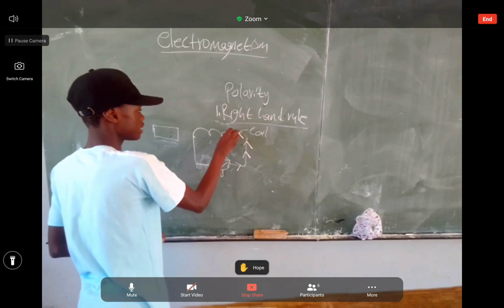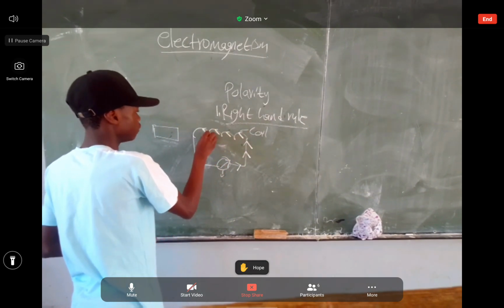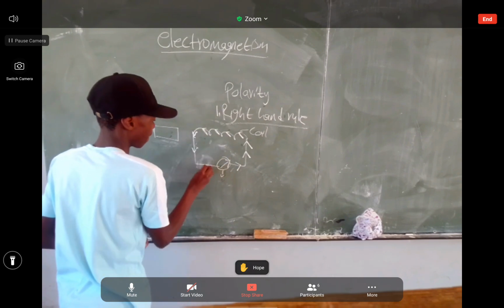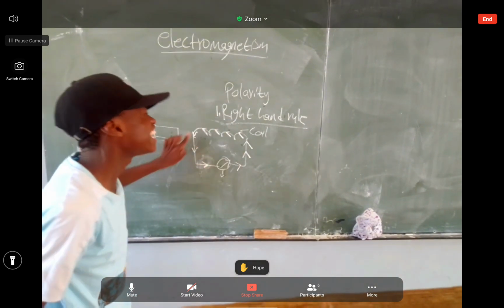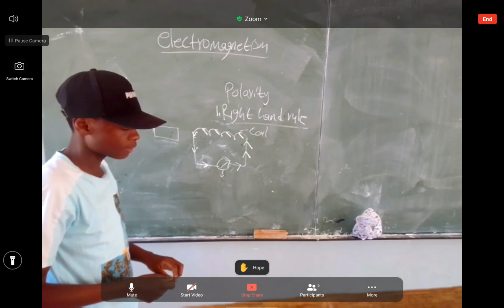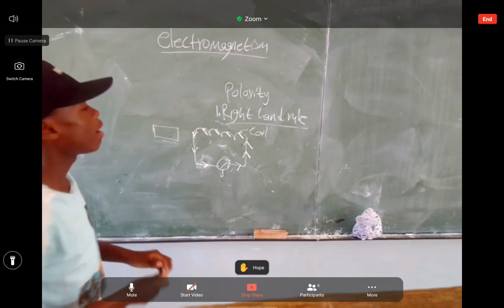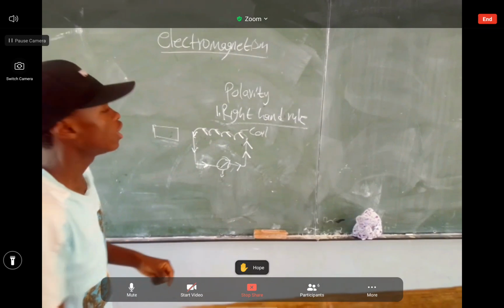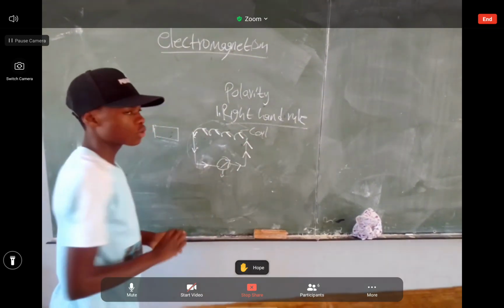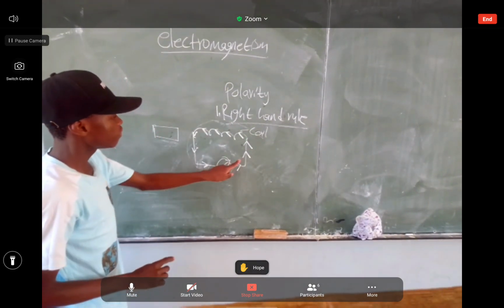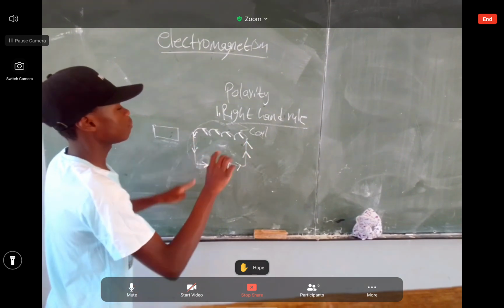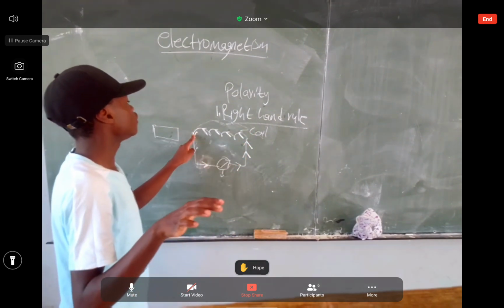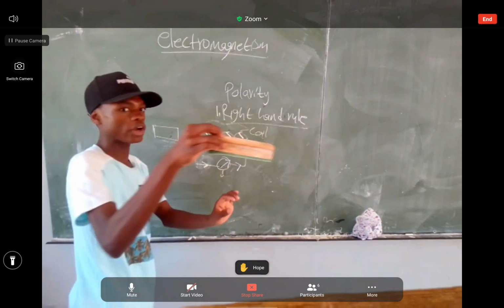I want you to understand this very carefully. So if the current is moving in this direction, I want you to apply the right hand rule on this coil. So if the current is moving down, this is our coil, right?